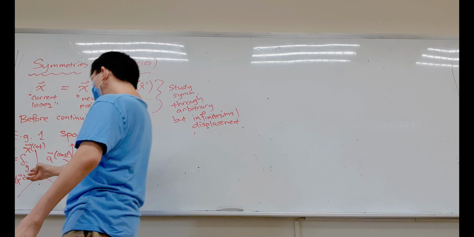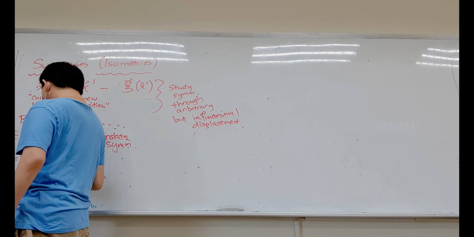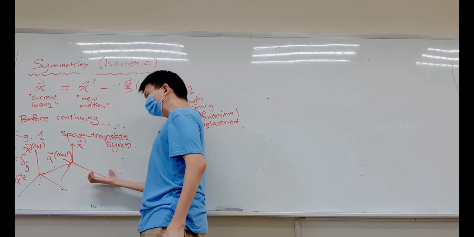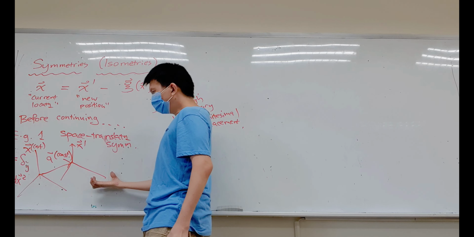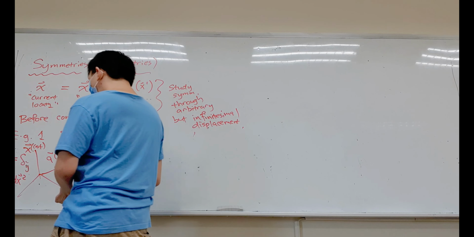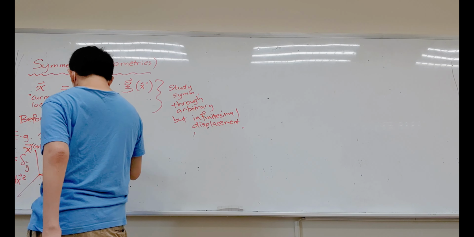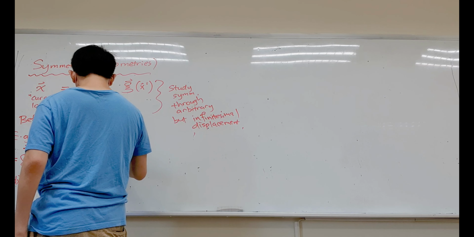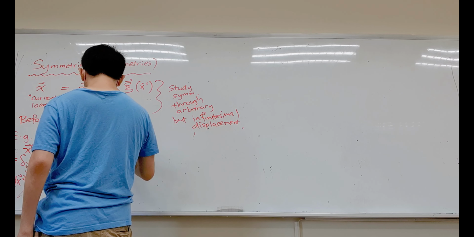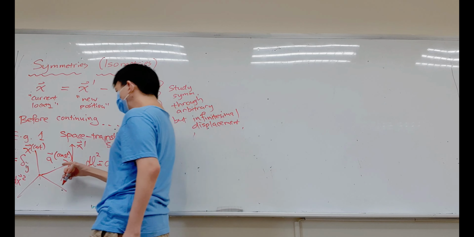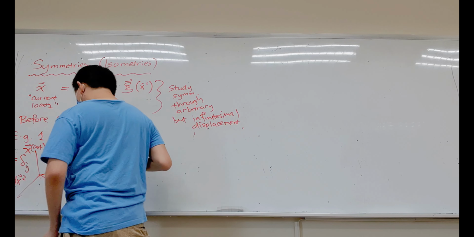So if the metric looks like that in this coordinate system, and all I'm doing is displacing by a constant vector, space is not any different whether you're here or over here. Therefore, you can immediately infer that the metric had better be exactly the same form, dx prime squared, except that x is not the same as x prime.